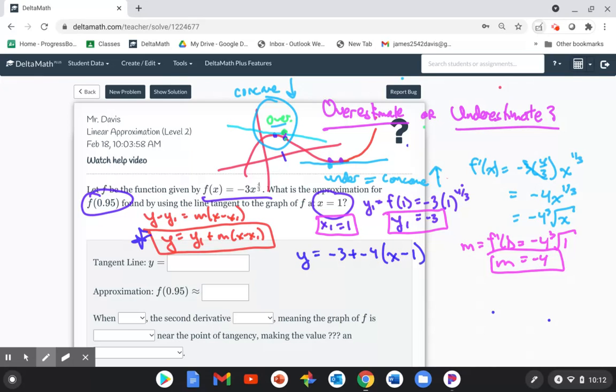And just simplify this, get y equals negative 3, distribute that as minus 4x plus 4. So y equals negative 4x plus 1. So that is our tangent line equation.